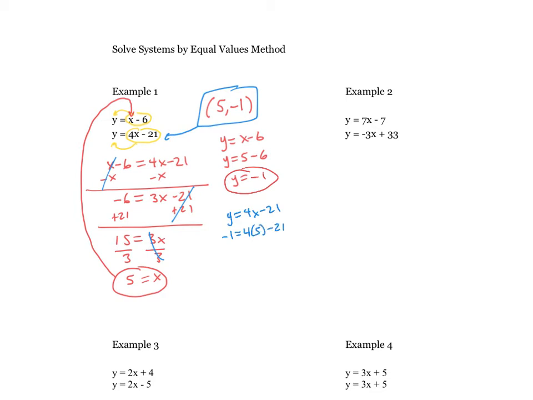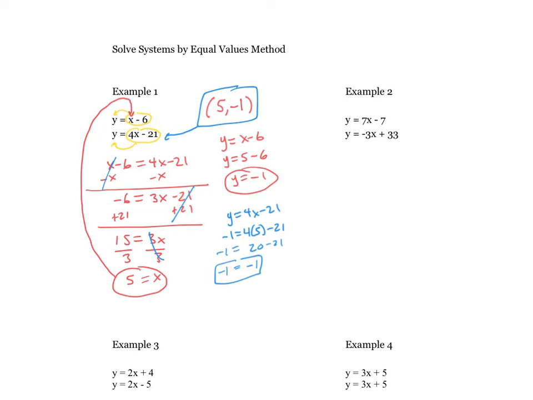So I plugged both of those values into that bottom equation, and then 4 times 5 is 20, and 20 minus 21 is negative 1. And notice that is true. Negative 1 equals negative 1. So I just showed that 5, negative 1 is a solution to the bottom equation. And remember, that's the only point that's a solution to both equations.